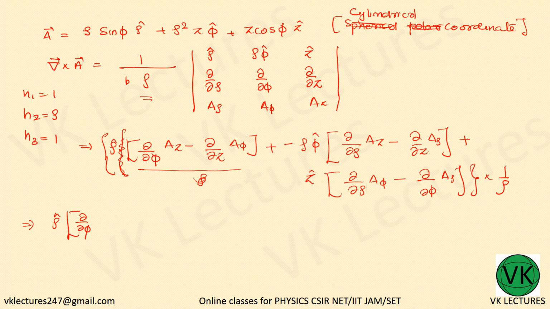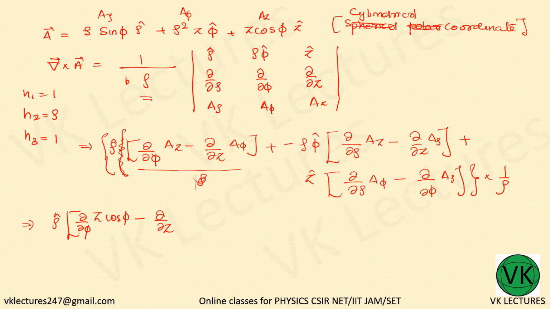What is Az? This is A rho, this is A phi, this is Az, so z cos phi, minus dou by dou z of A phi.